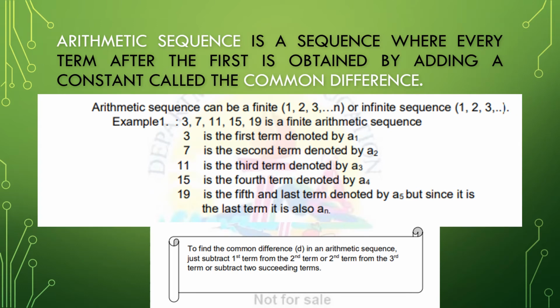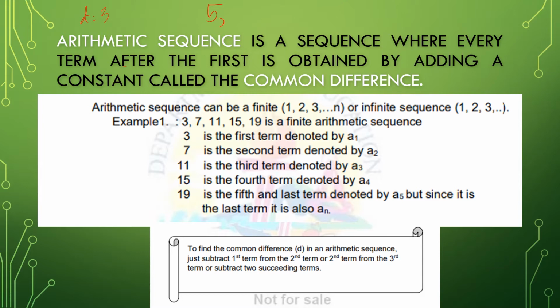Based on the definition of the arithmetic sequence from our previous slide, we can obtain this sequence by adding a constant number to the preceding number. Say for example, we have here the first term 5 and we have a constant number or the common difference which is equal to 3.